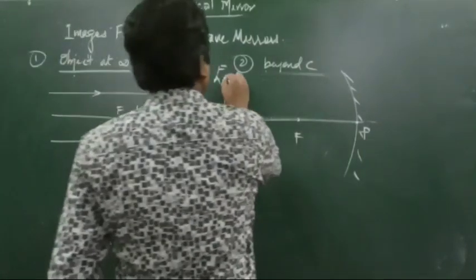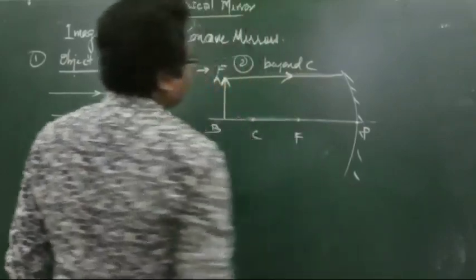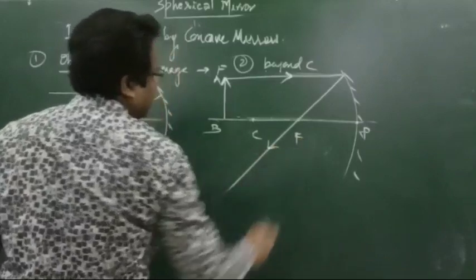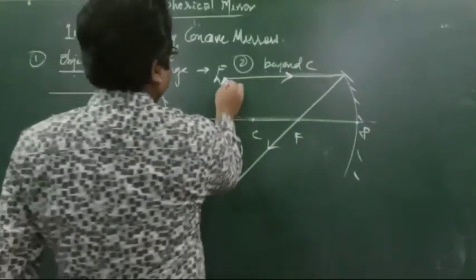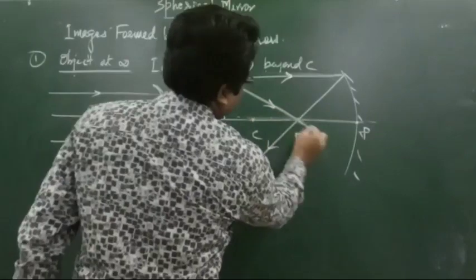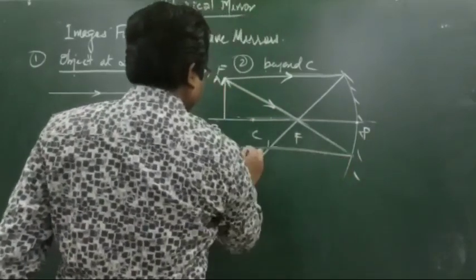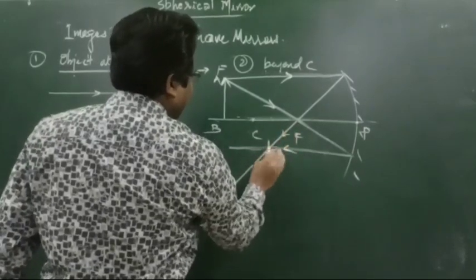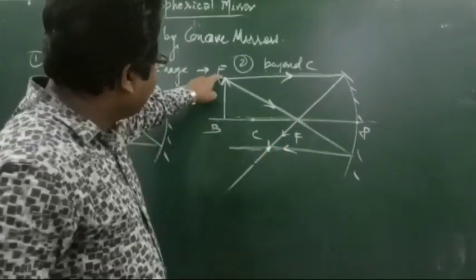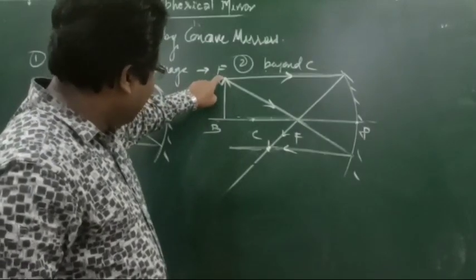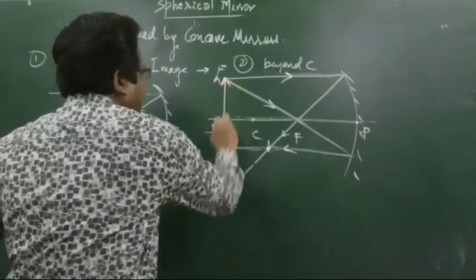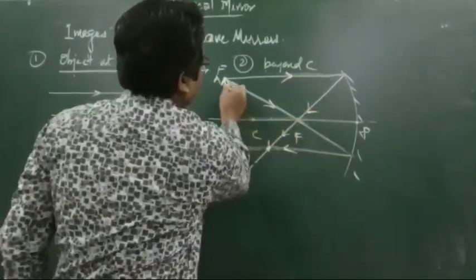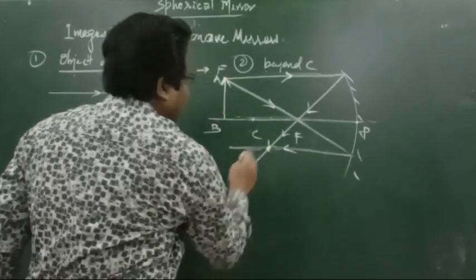When a ray is incident parallel to the principal axis, it will pass through the focus. And when a ray is incident through the focus, after reflection, it will pass parallel. Now, these are the rays which are meeting after reflection here. These rays started from A, the head of that object, and the ray which is incident parallel passes through the focus, and the ray incident through the focus becomes parallel after reflection.